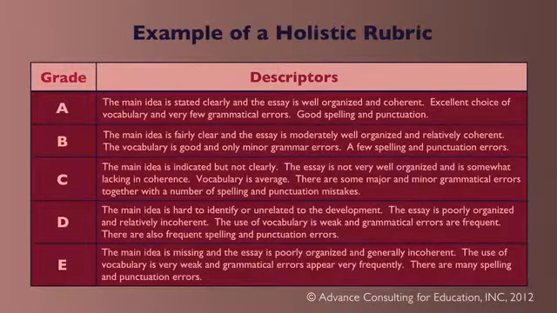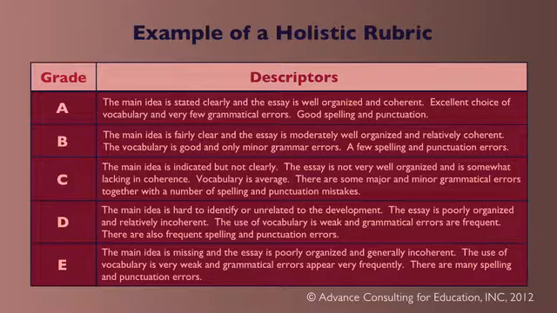You can see on the screen an example of a holistic rubric that would be used to score student writing. You can see in the first column there's a series of grades that range from A to E. And in the main table are the descriptors that describe proficiency levels at each of those grade levels.